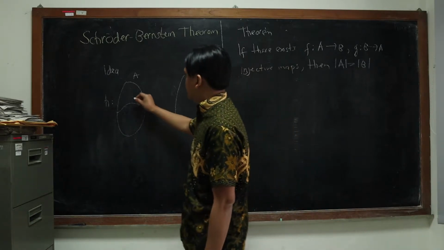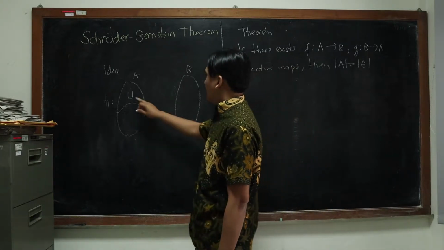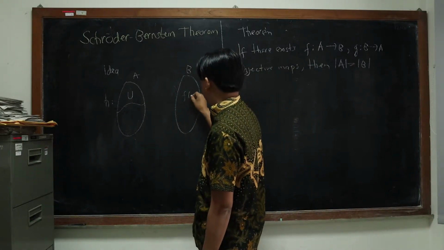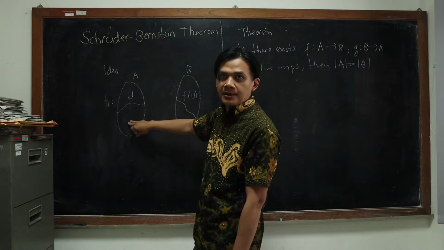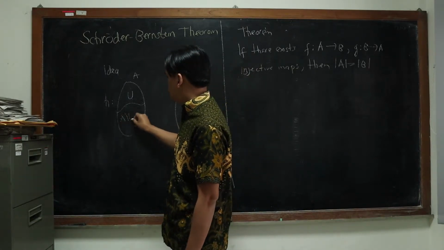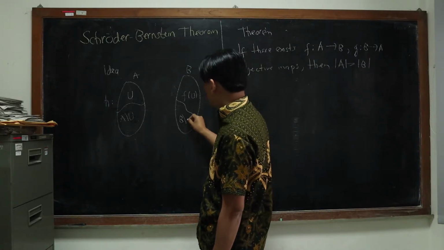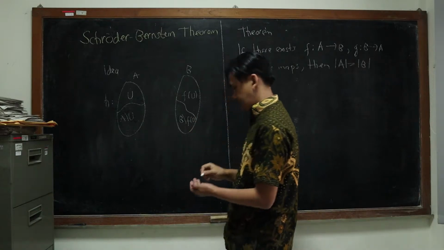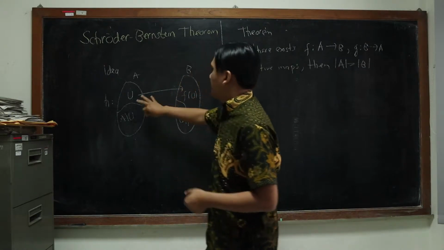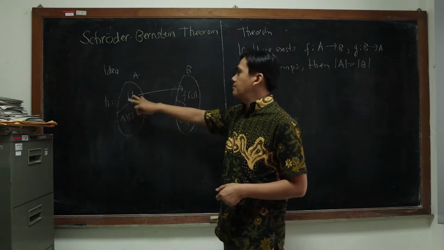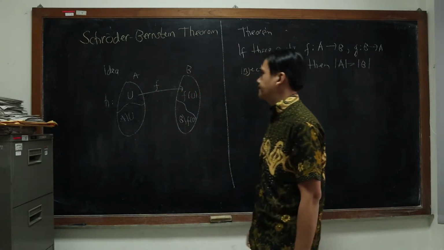Let's say this is U, and then we have F of U. Then the remaining part here is A minus U, and the remaining part here is B minus F of U. By using the map F, we can map every element in U bijectively to F of U, right.